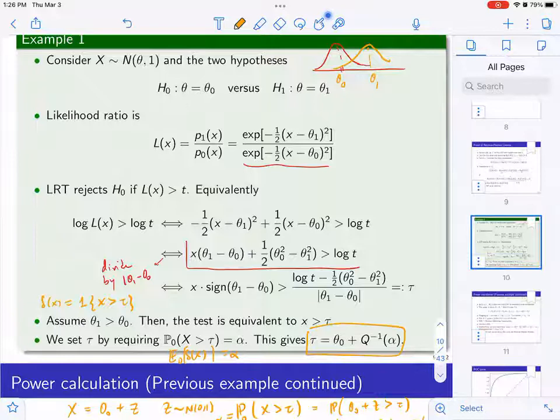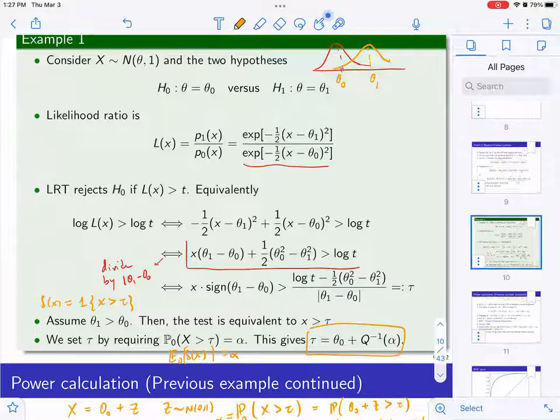What if theta 1 is less than theta naught? It's just the flip. So when you divide by this, which is going to be negative, you get x less than negative tau, which is now a new threshold. So you're going to reject when x is small. And then you set the threshold. So you can see the likelihood ratio test picks up the right direction automatically. You don't have to worry about it.